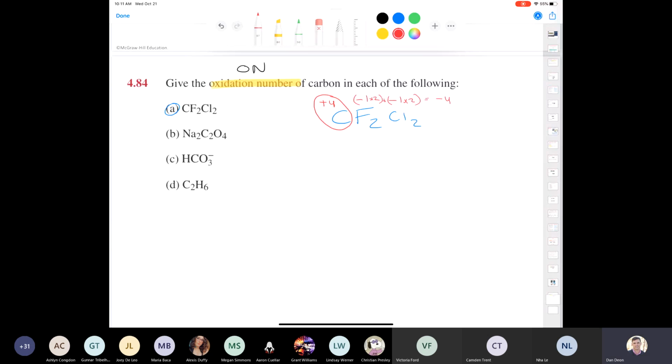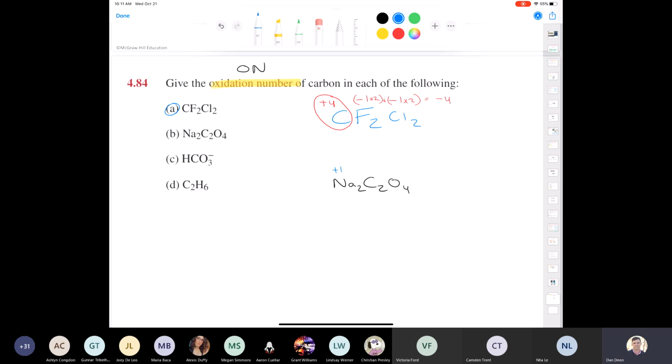Okay, so let's look at the next one, which is sodium oxalate. This one here, sodium oxalate, Na2C2O4. Well, sodium is in group 1A, and thus it's going to have an oxidation state of +1.